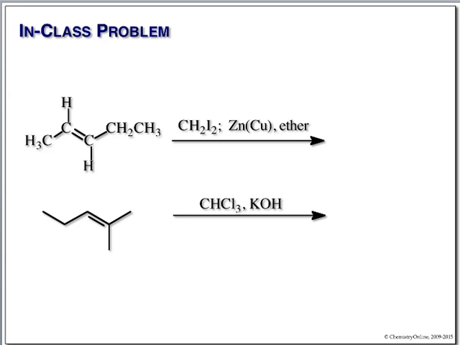We see diiodomethane in zinc copper amalgam. We say right away we're adding carbene. All I have to do is convert my double bond into a cyclopropane. That's all I have to do. Redraw this thing with a 3-membered ring. Looks funny, but that's it.